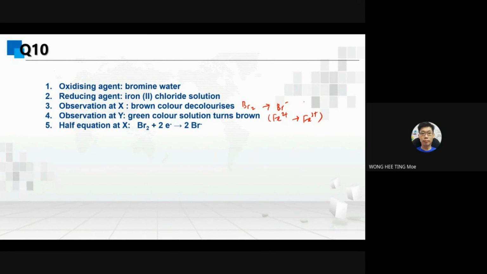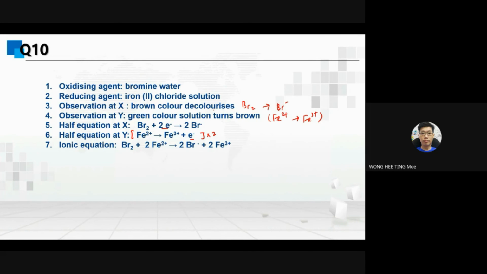The half equation, this one I showed to you already. So oxidation, reduction. So ionic equation, combine. This one 2 electrons, this one 1 electron. So this one times 2 overall. Then cancel the electrons, then combine. Okay. So 7 marks here. So you check, you check.